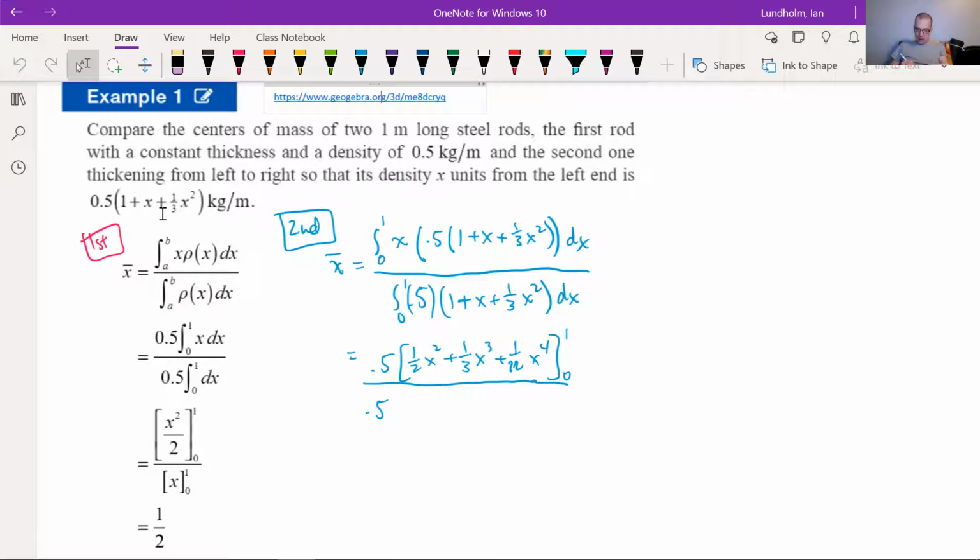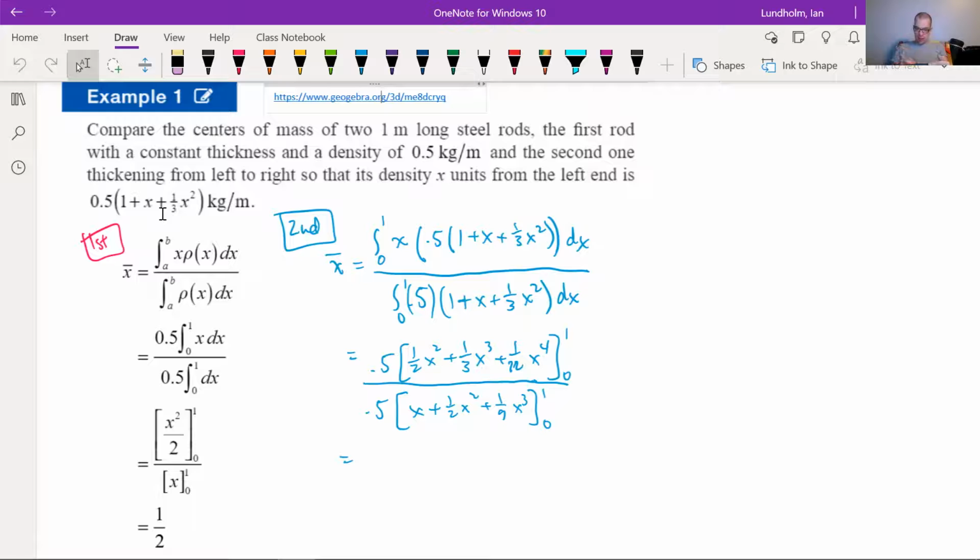And the bottom one should be simpler. This one we would just have x plus 1/2 x squared plus 1/9 x cubed, evaluated at 1 and 0. So yeah, the zeros in both of these scenarios are just going to be completely 0.